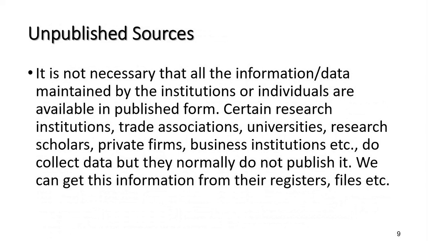Some unpublished sources are not in published form and hence not available in the public domain. For example, certain research institutions, trade organizations, universities, research scholars, and business institutions do collect data, but normally do not publish this data. So this is a type of private information that is available, but definitely a source of secondary data.